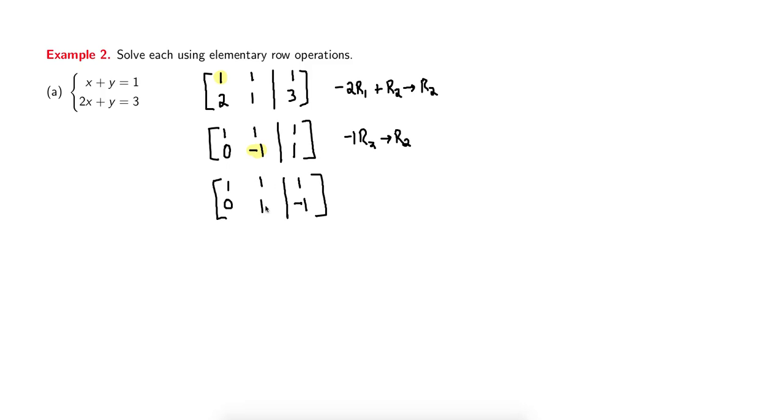Once we have the second row, second column equal to 1, we can look at the number above it and take the opposite of it, kind of like we did with the 2, where we took the opposite and made it negative 2. So the opposite of this 1 is negative 1. If we multiply negative 1 by row number 2, we can add it to row number 1 to get a new row number 1.